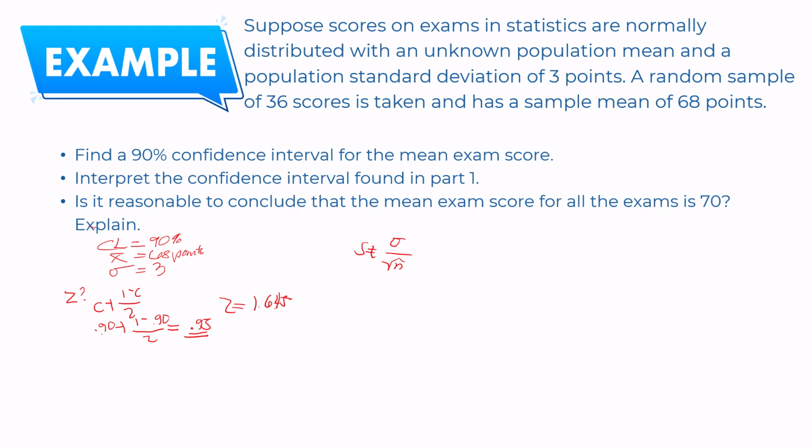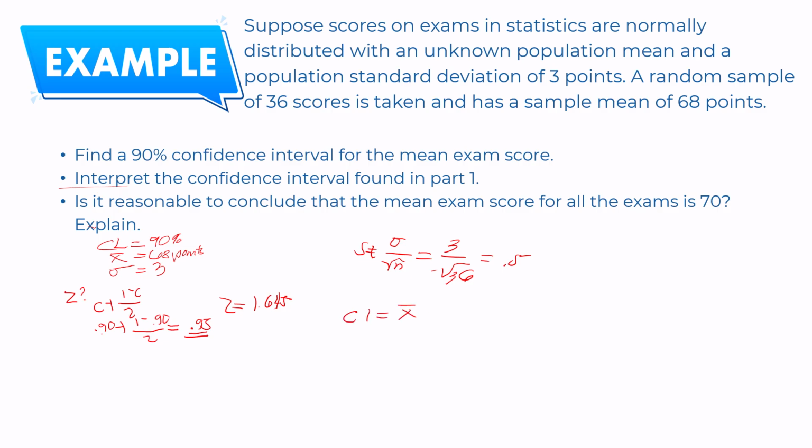Our population standard deviation is 3, over the square root of 36, since 36 is the number of scores. Let's use the calculator. 3 divided by the square root of 36 is 0.5.